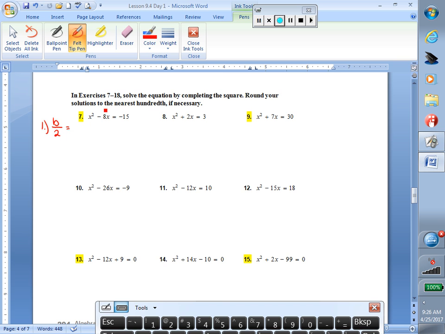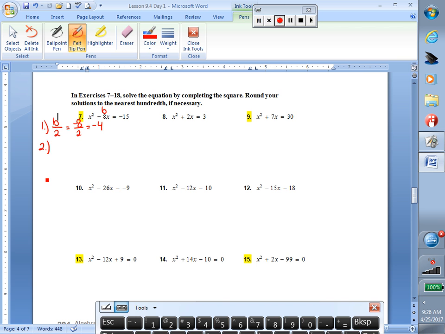Remember, b is the x coefficient, or in other words, the number in front of x. So the b value in this case is negative 8. Negative 8 divided by 2 is negative 4. So we start off by dividing our b value by 2.